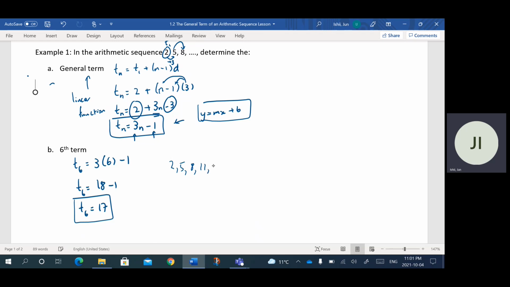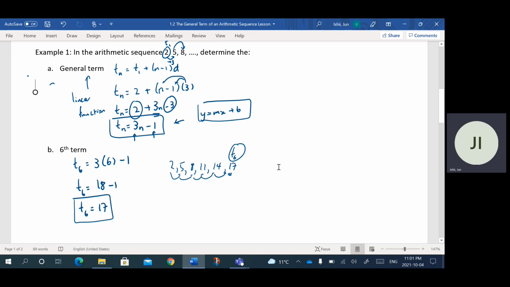That takes me to 11. Add 3 again, takes me to 14. Add 3 again, it takes me to 17. And this is the 1, 2, 3, 4, 5, 6th term. So just by adding 3 each time, I can find out that the 6th term is 17, which is what we got in the formula.